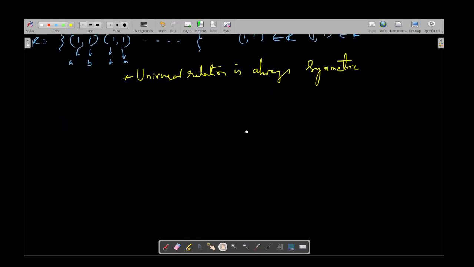Let us take a few more examples to check whether the relation is symmetric or not. Let's define A as {1, 2, 3}. R is {(1, 1)}. Is it symmetric?